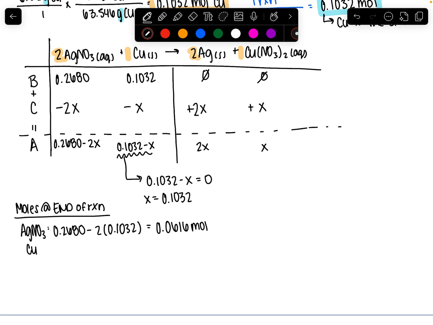For copper, I will end up with 0 moles left over because this one is my limiting reactant.